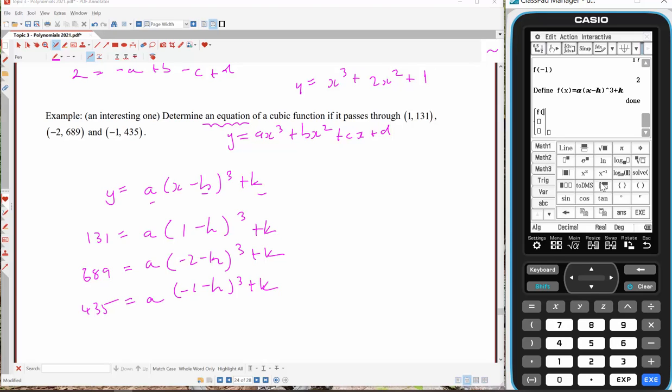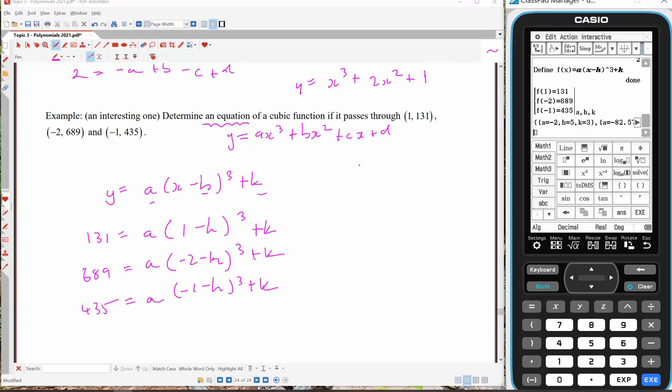F of 1 equals 131. F of negative 2 equals 689. F of negative 1 equals 435. A comma h comma, what's the other one? K. Alright, so the interesting thing it does is it will actually give you 2 versions of it.